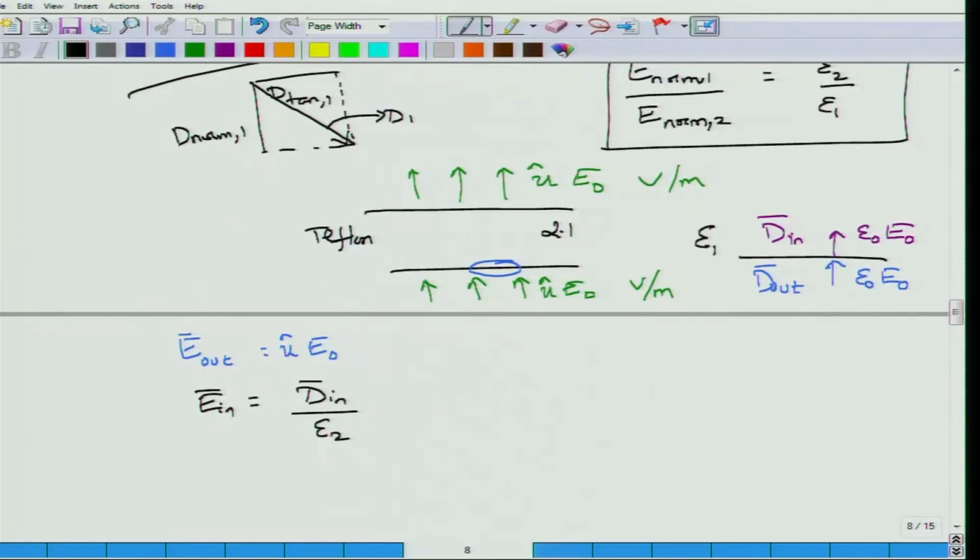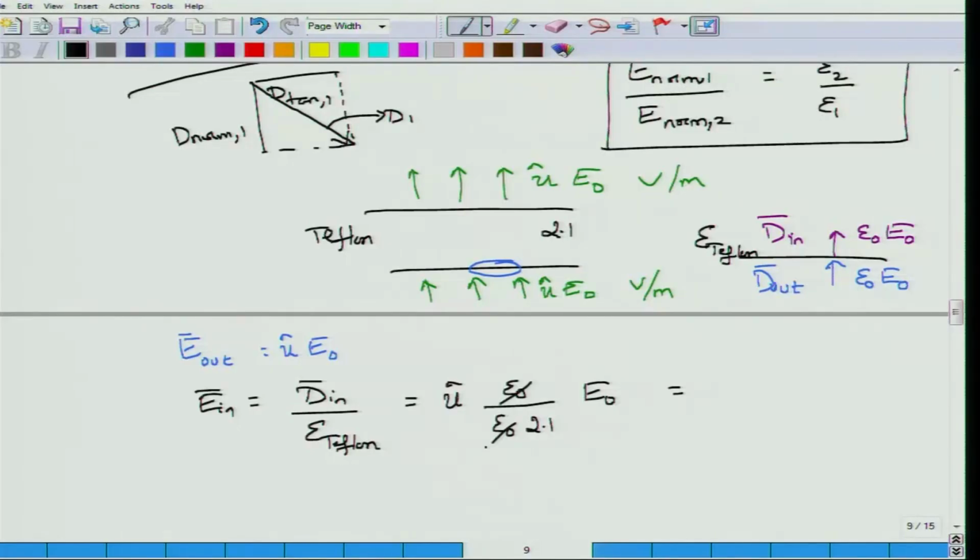So this would be epsilon Teflon, correct. So what is this? Epsilon 0 E0 divided by epsilon 0 into 2.1, along the upward direction.